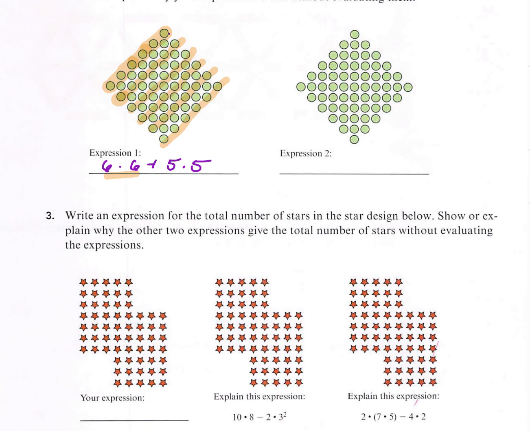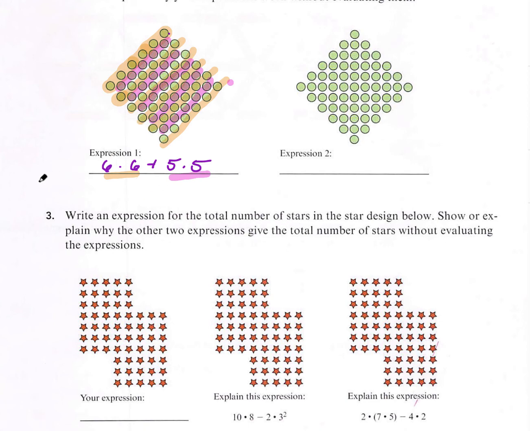Now I have to go back and take a look at the dots that are in between. Well, each of these individual rows in between have 5 dots. So I've got 1, 2, 3, 4, 5 rows of 5. So 5 groups of 5.